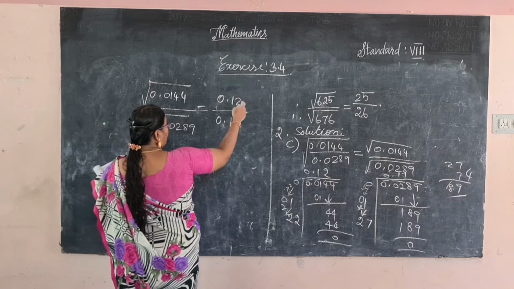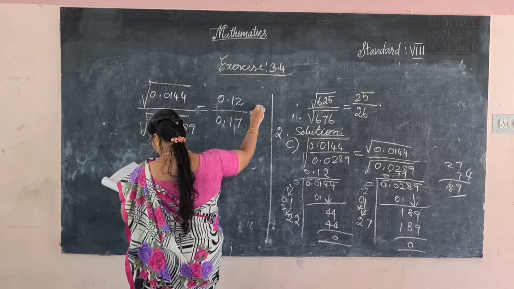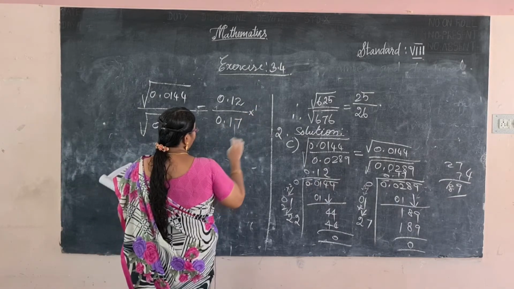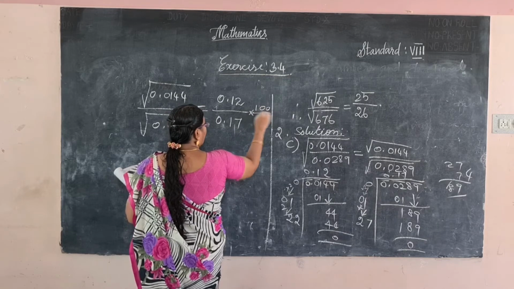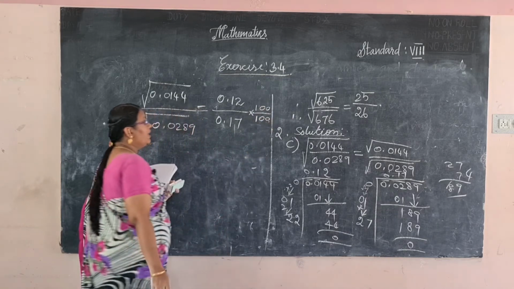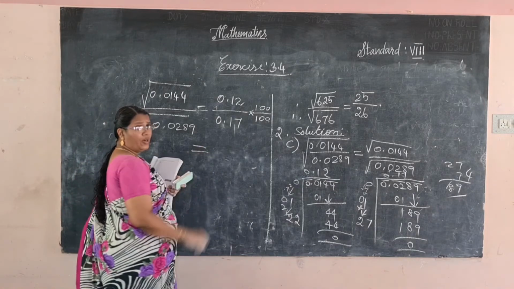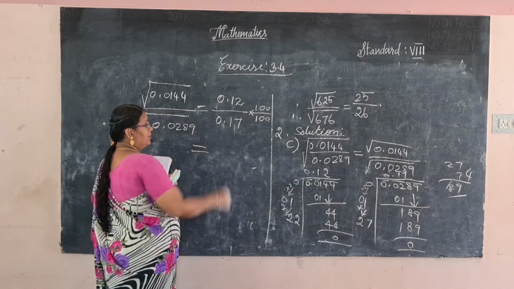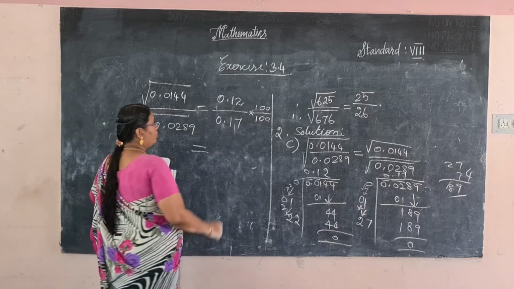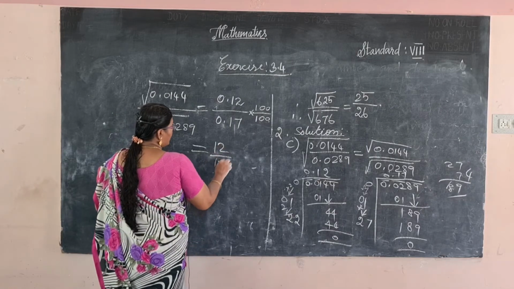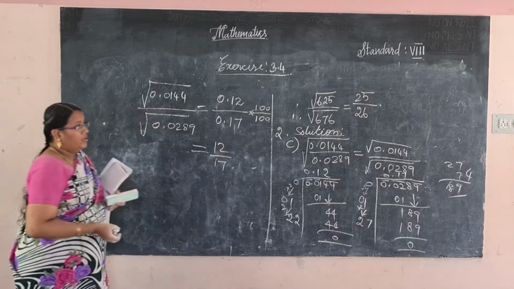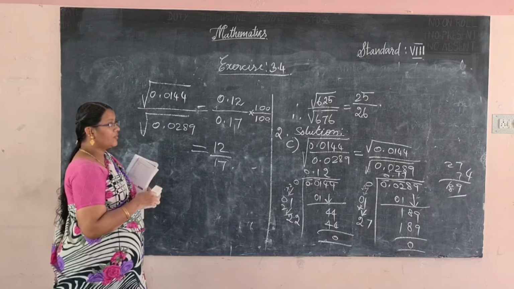So multiply the numerator and denominator by 100. Okay, why do we multiply the numerator and denominator by 100? To change to a rational number. Okay, so 12 by 17 is the answer for this problem.